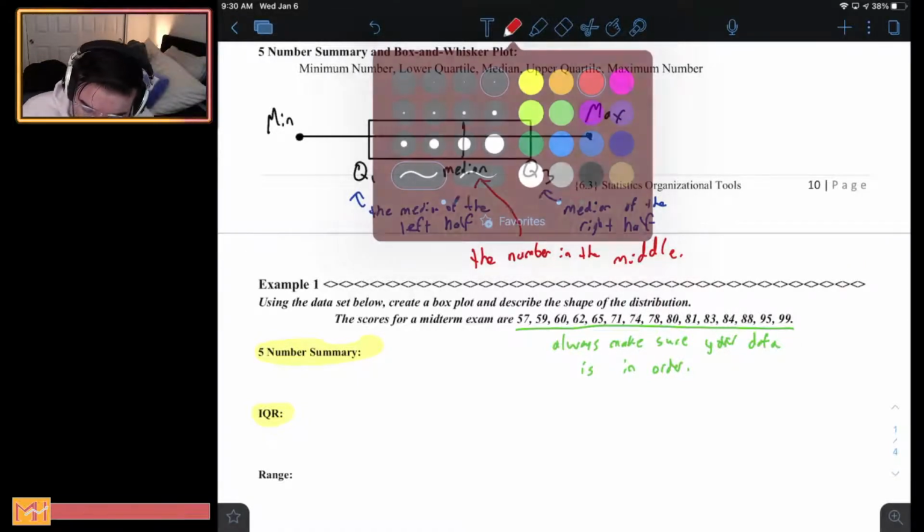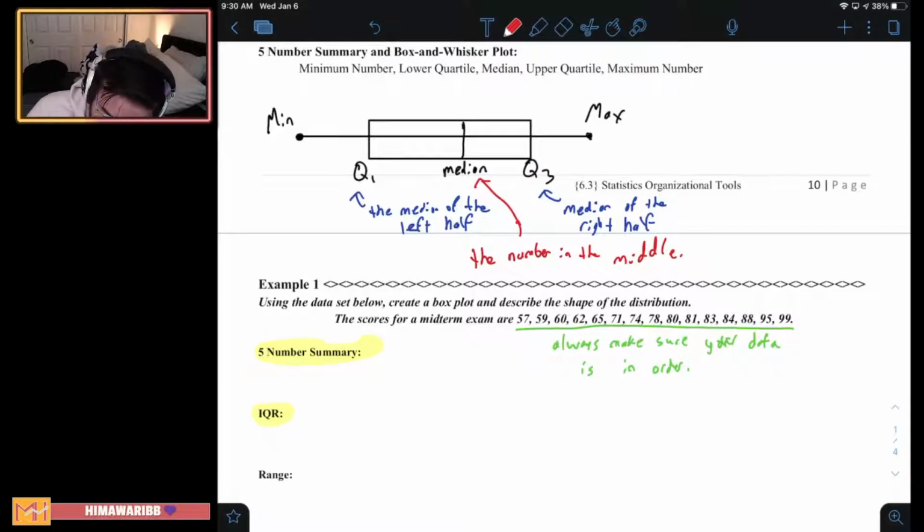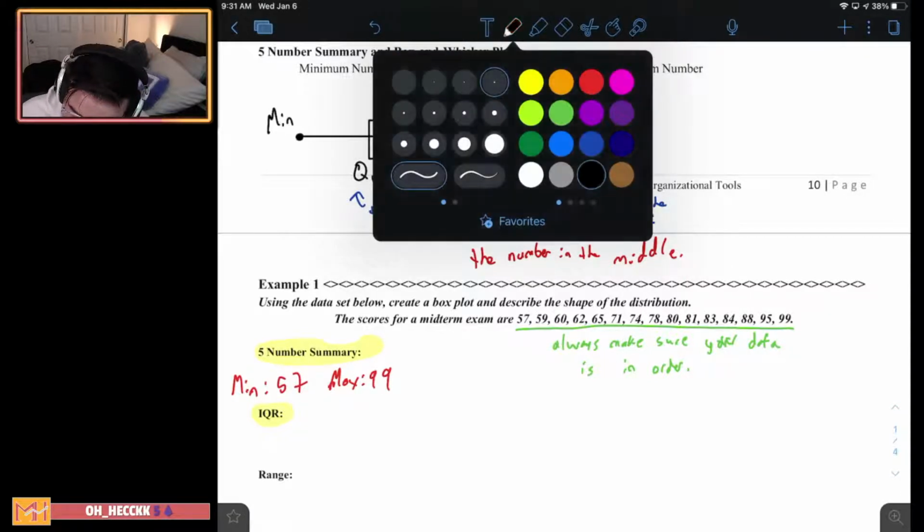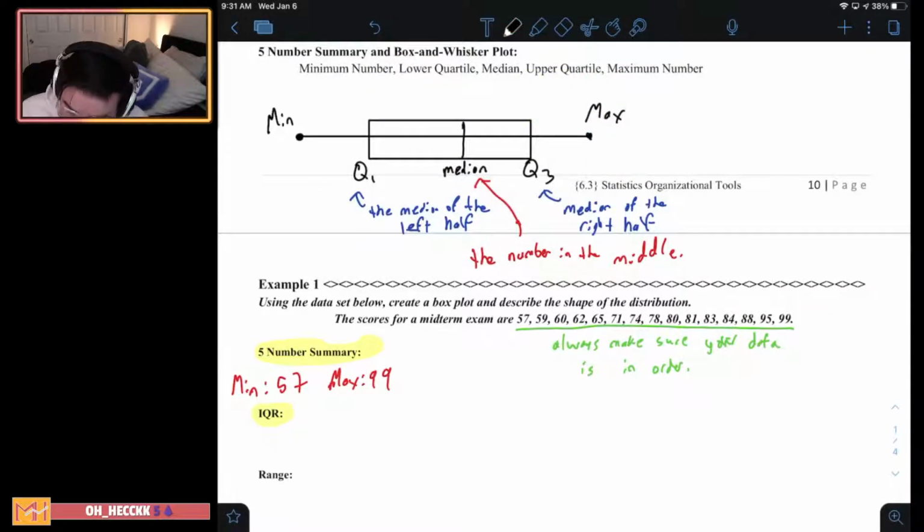So let's talk about those 5 numbers. Obviously the min is 57, and the max is 99. Let's talk the median. What number is in the middle? Well, now I kind of need to know how many numbers there are. There's 1, 2, 3, 4, 5, 6, 7, 8, 9, 10, 11, 12, 13, 14, 15. So the middle of 15 is 7.5.